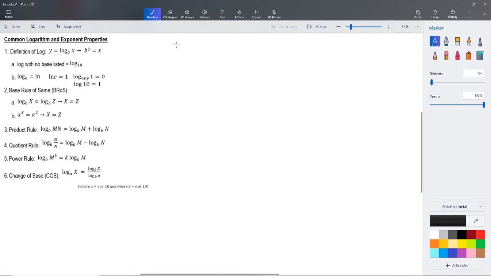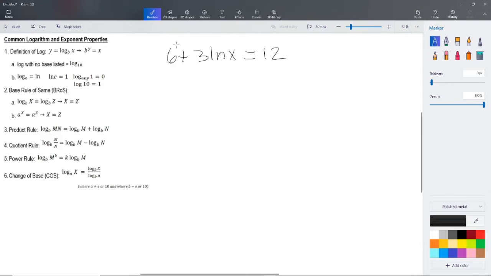We're back to a clean workspace for example 8. Example 8 says that we have 6 plus 3 natural log of x equal to 12. Much like the last problem, we want to isolate the natural log by itself on the left-hand side.